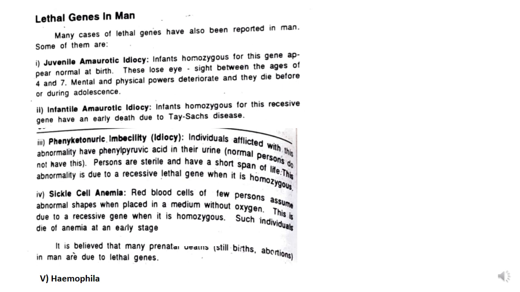And the fifth example is hemophilia, which is an X-linked recessive lethal, which we have discussed in detail in class. So hemophilia is also an example of a lethal gene. The difference between sickle cell anemia and hemophilia is that hemophilia is a sex-linked lethal gene, and it is found more in males than females.